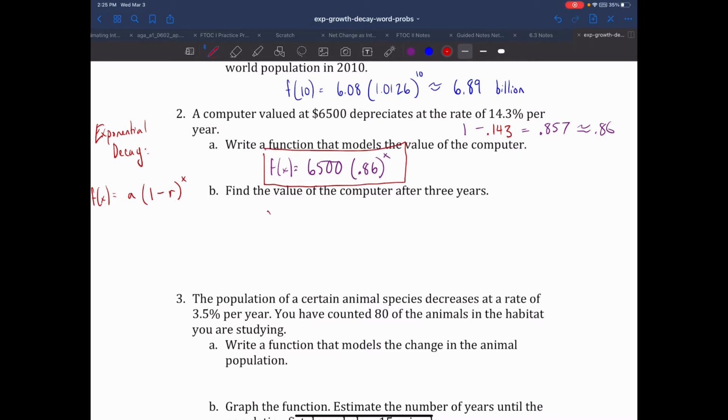So we just plug in 3 to that. And using a calculator, which again I am using Desmos, I just take 0.86 raised to the third power, and then I multiply by 6,500.